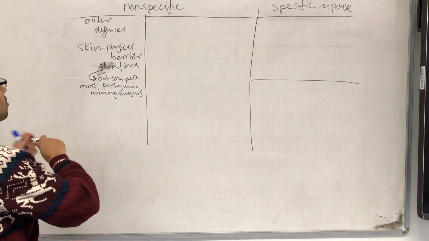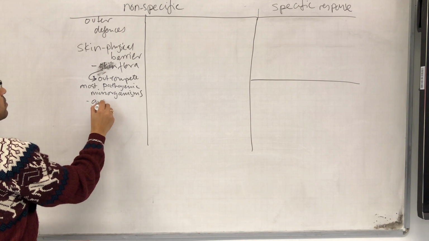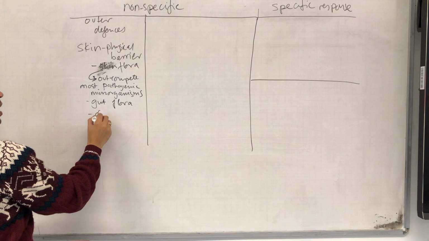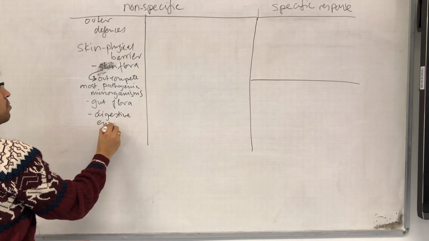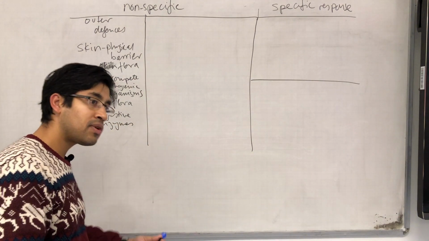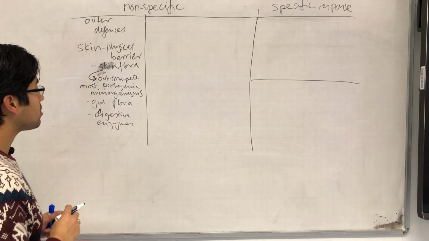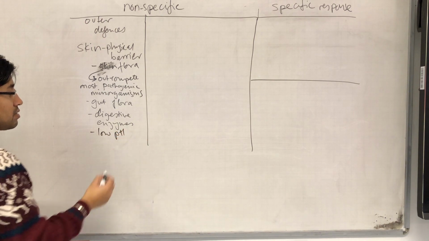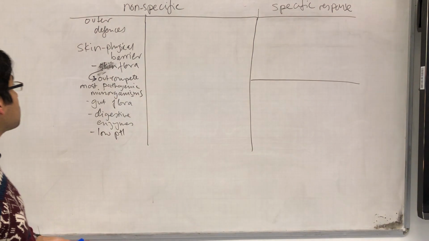Similar to the skin flora, we have gut flora, and we have digestive enzymes, which can break down the proteins, carbohydrates and lipids of the pathogens. And we've got very low pHs, maybe too low a pH for these pathogenic organisms to survive.